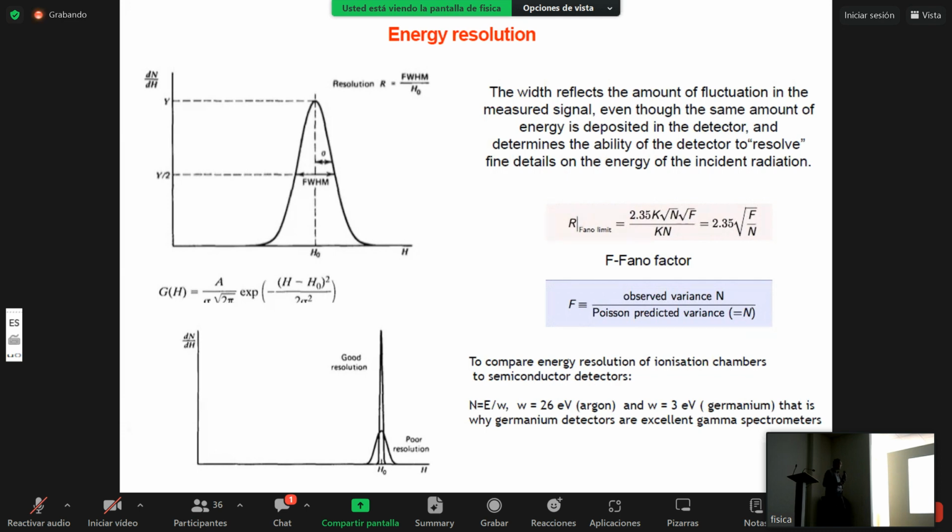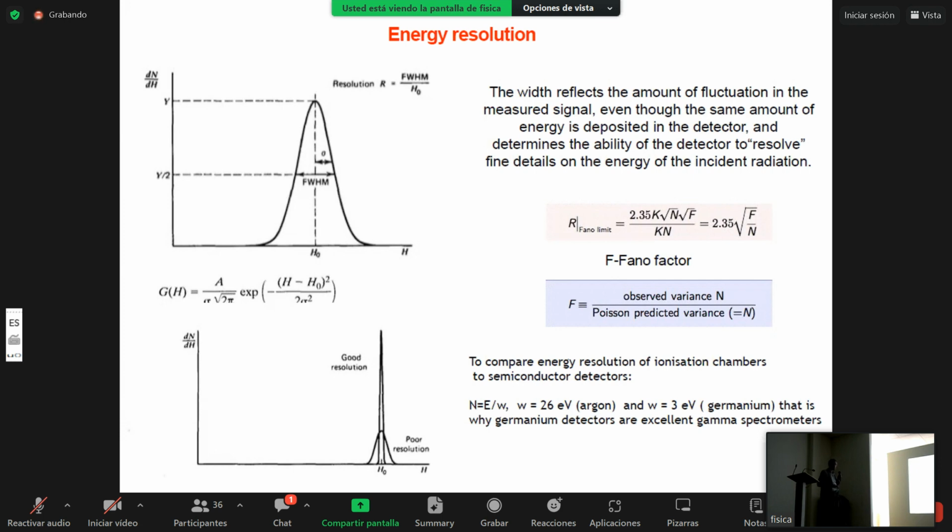Energy resolution is 2.35 sigma divided by the average value of this Gaussian distribution. If we have good energy resolution, we have a rather sharp peak.